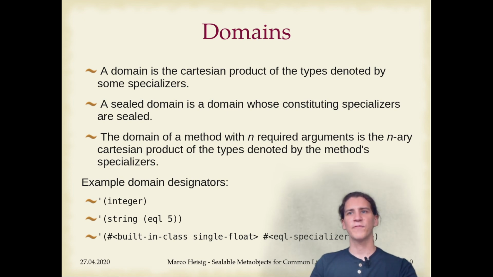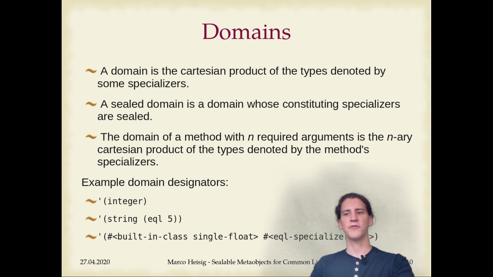And often we talk about the domain of a method. The domain of a method with n required arguments is the n-ary Cartesian product of the types denoted by the method's specializers. And for convenience, we also introduced the concept of domain designators, so lists of type specifiers that can be turned into specializers or specializers themselves.